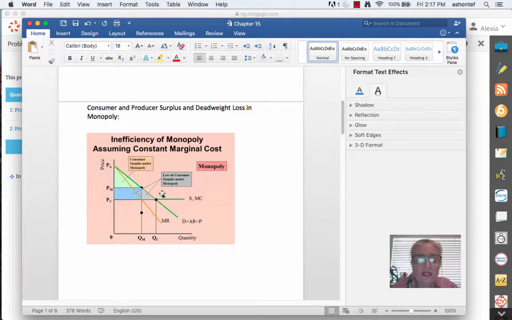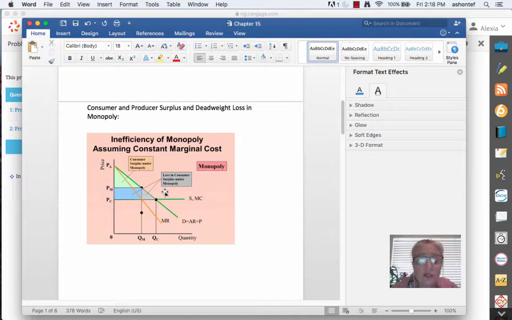So as we've done in all our examples in class, we always want to find the place at which marginal revenue equals marginal cost, and that will always determine the profit maximizing level of output. And then from there, each firm, in this case it's a monopoly, so it's one firm, will price accordingly.